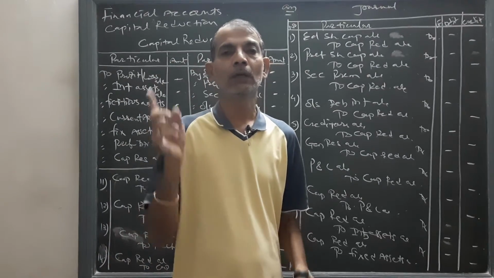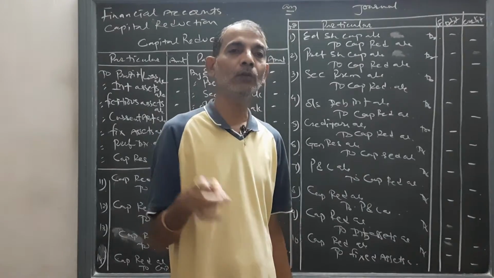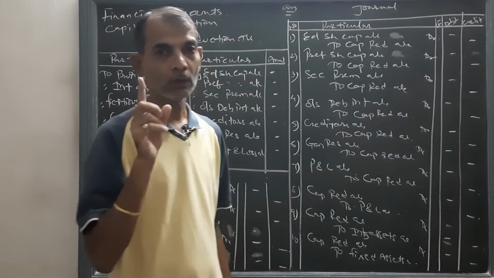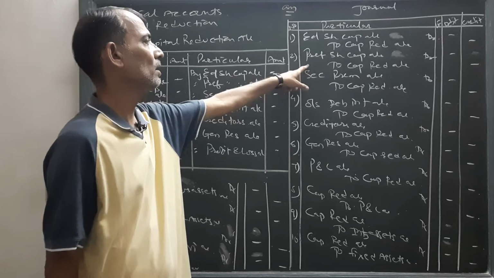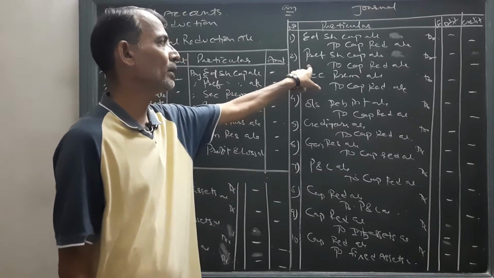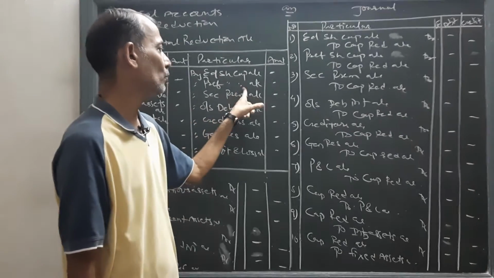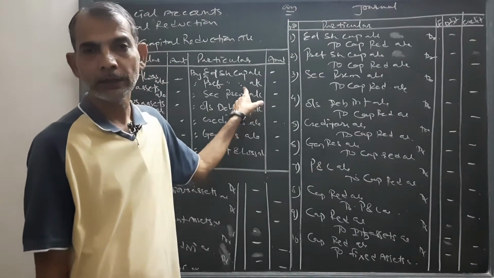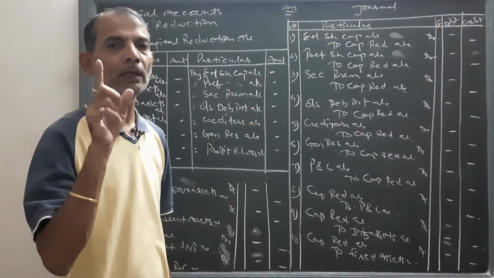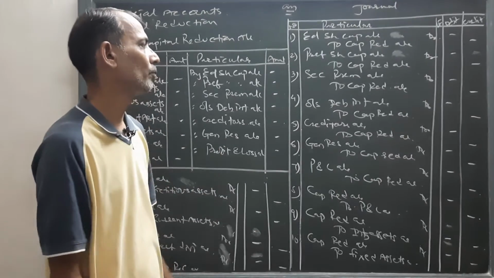If the value of preference shares is also reduced, the entry is preference share capital account debit to capital reduction account, and that amount is also written on the credit side.